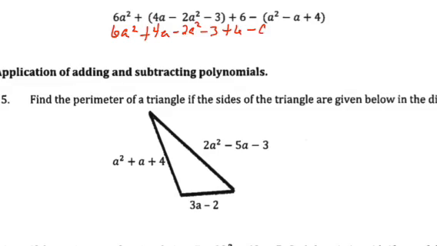So negative a squared, positive a, negative 4. To simplify it, you're just putting everything that looks alike together. Remember, when you're combining, that's adding or subtracting, and so everything must have the same last name.